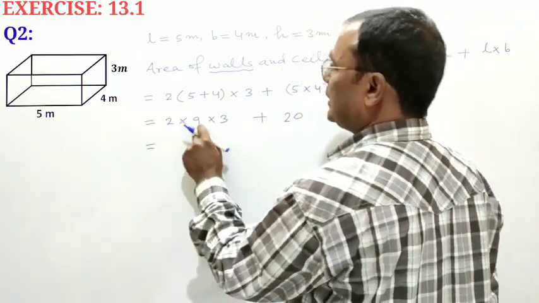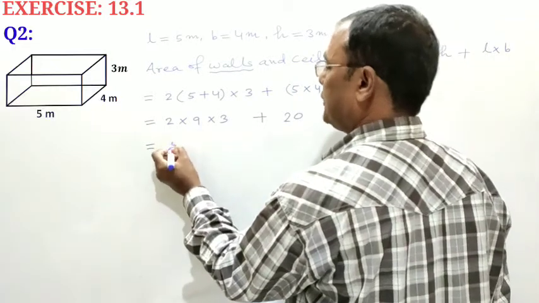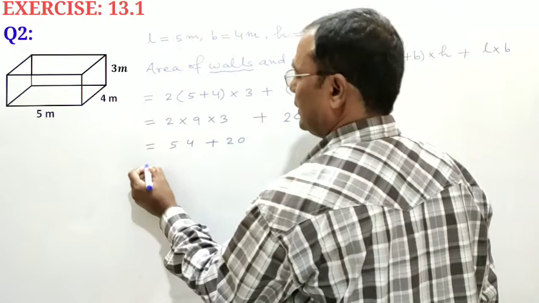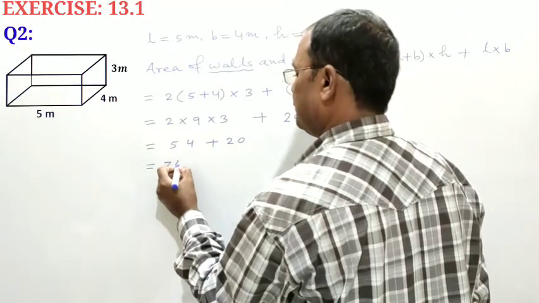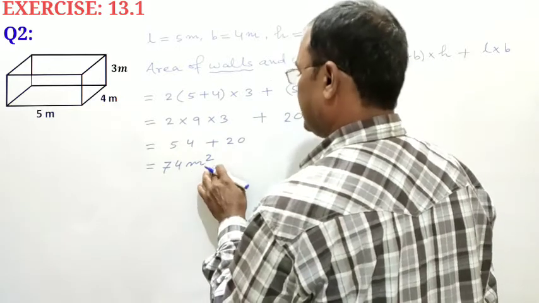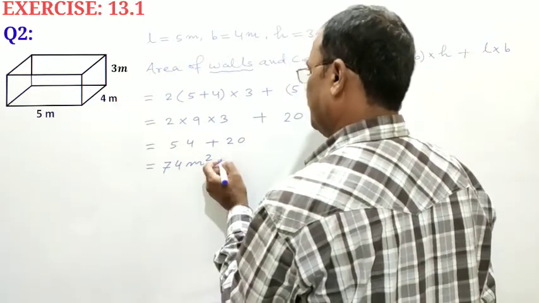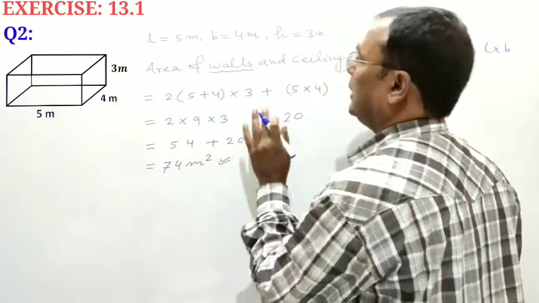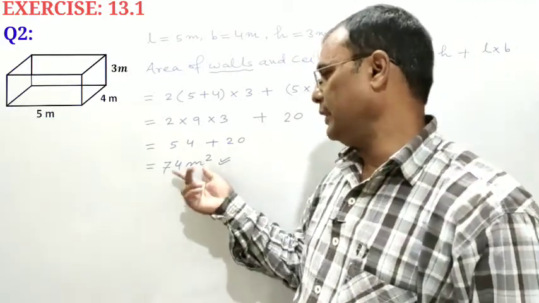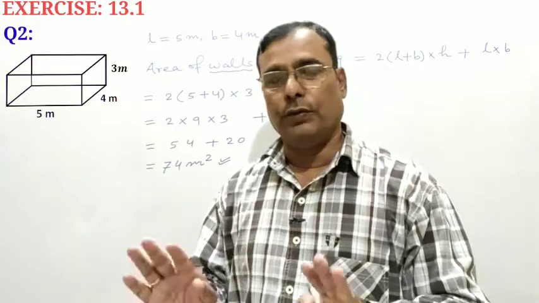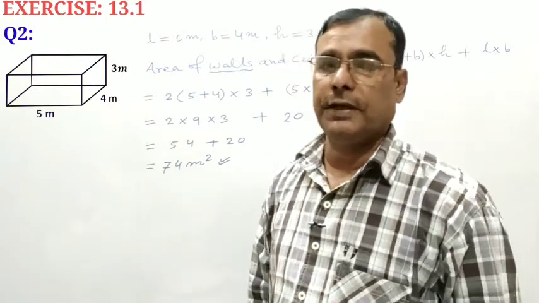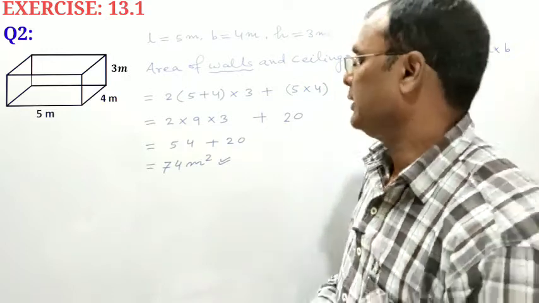So 2 nines are 18, 3 eighteens are 54, plus 20. This is 74 meter square. This is area of 4 walls and ceiling together, and this 74 meter square area is to be whitewashed at the rate of rupees 7.50 per meter square.